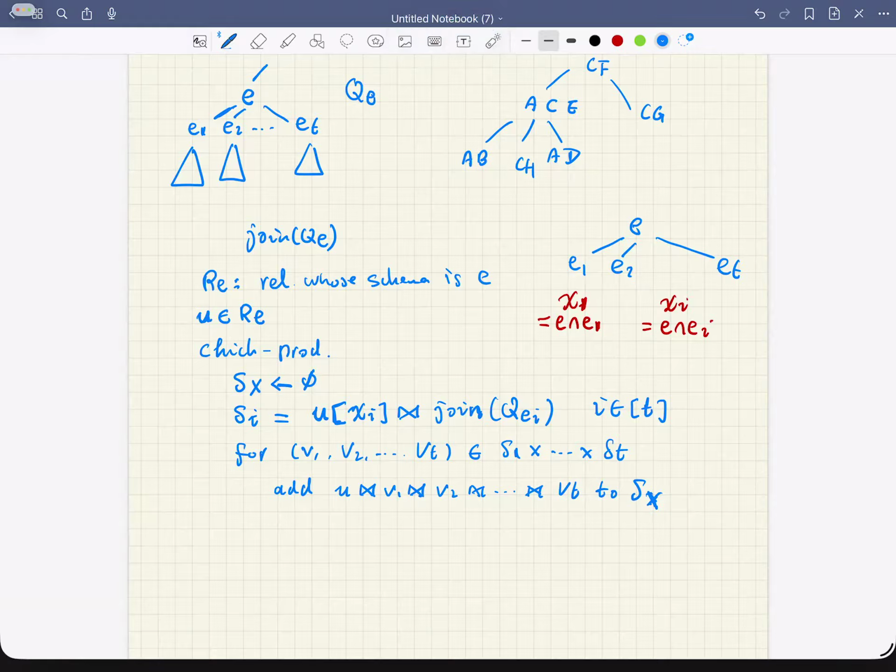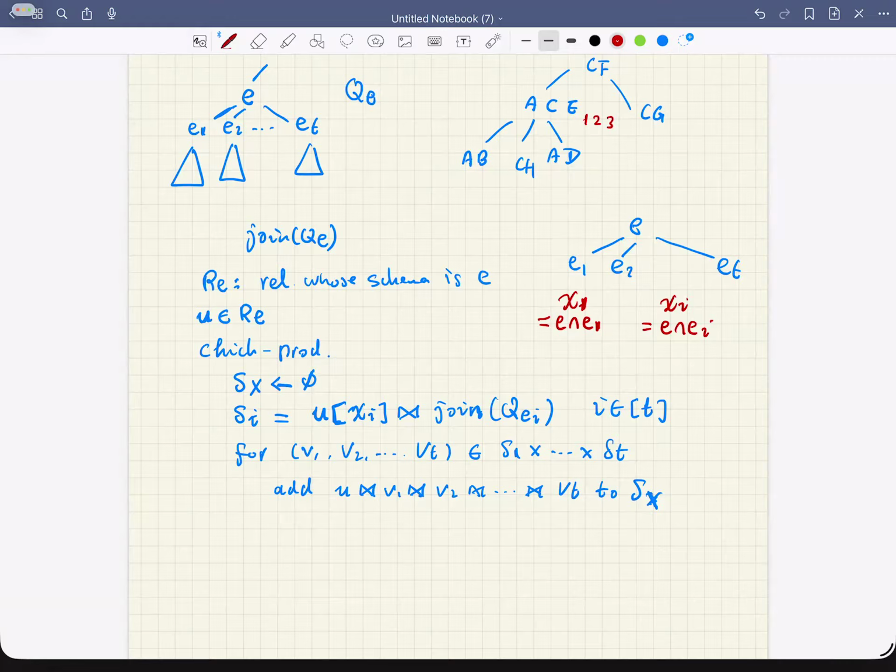To explain, let's say for the ACE here, I have a tuple. Let's say this tuple is 1, 2, 3, right? 1 for A, 2 for C, and 3 for E. Now, intuitively, you can imagine the following way to compute the part of the subjoin of ACE.